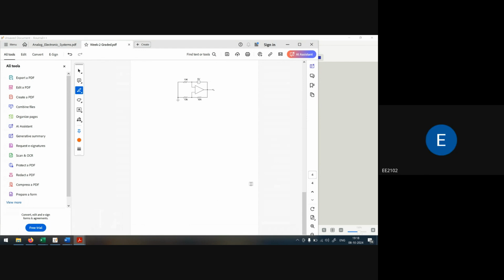Sir, can you break the loop? If we assume the source is connected to the non-inverting terminal, now if I break the loop from here, okay, so this behaves as a loop.